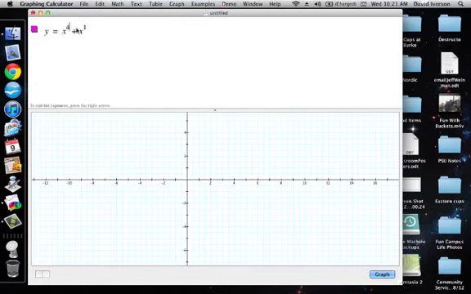An even function plus an even function gives me an even function. An even function plus an odd function gives me non-symmetrical. So this is neither even nor odd. So the terms even and odd do not apply to this function.